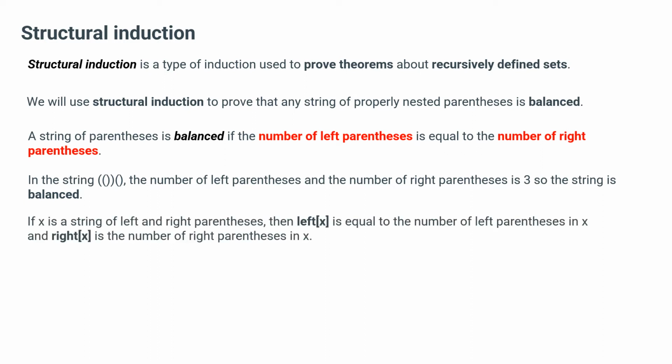So another little bit of terminology here. If X is a string of just left and right parentheses, then we're going to use this notation: left, and then in square brackets X. Left of X is equal to the number of left parentheses in X, and right of X is the number of right parentheses.